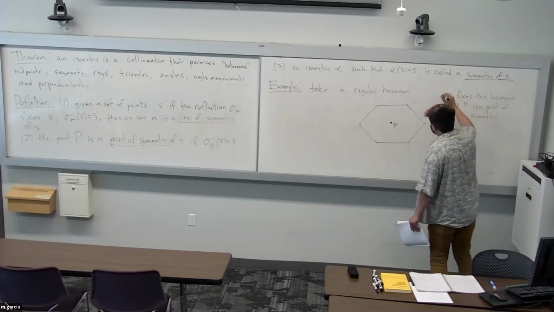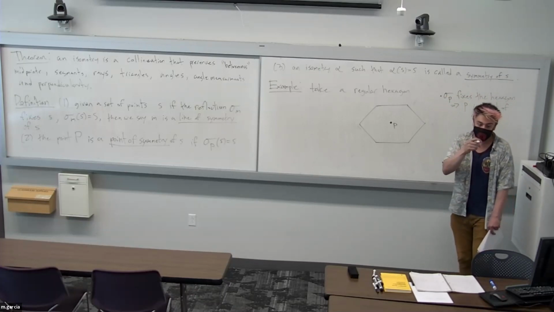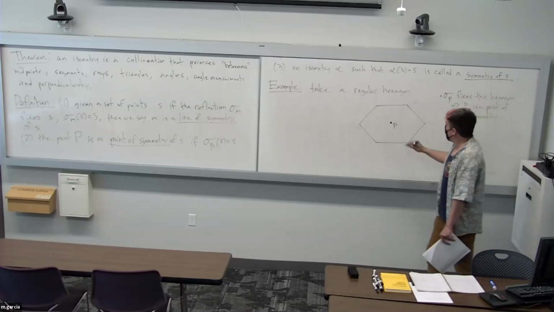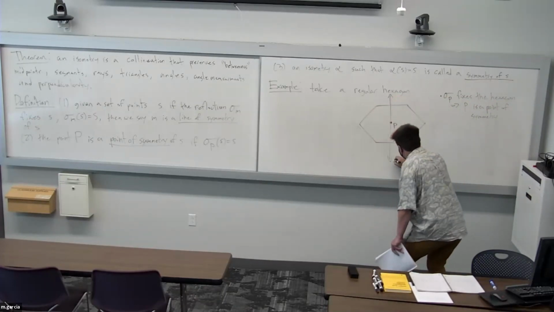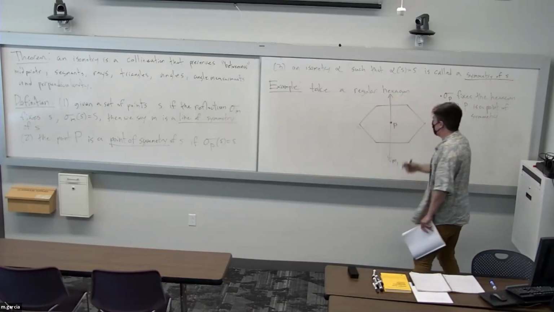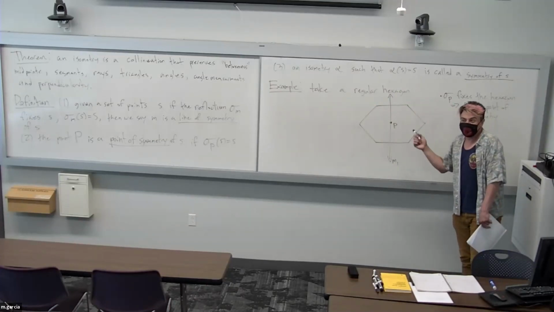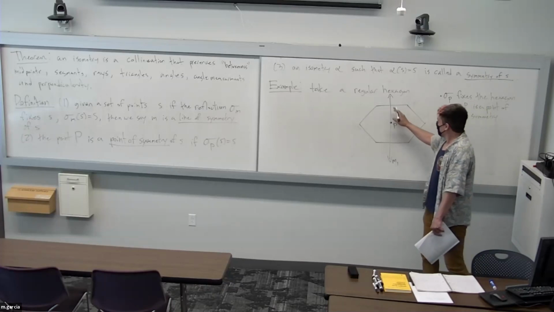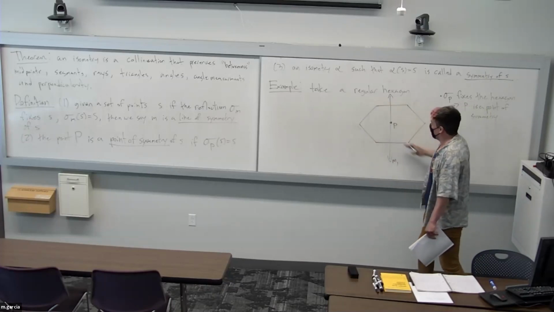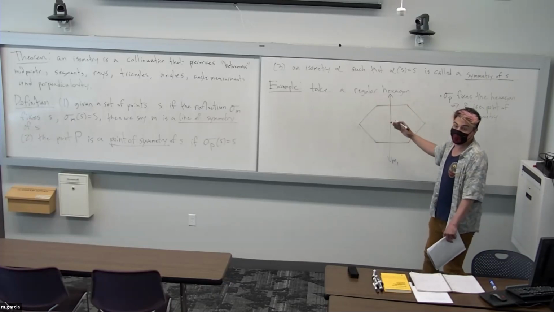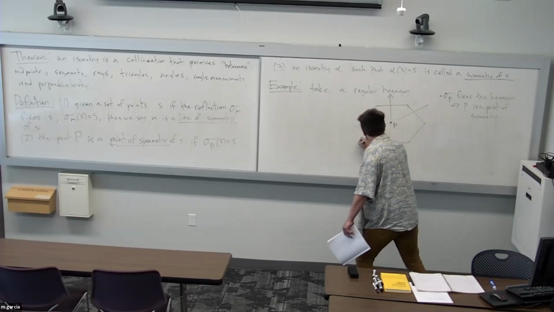Okay, so who can tell me a line of symmetry for a hexagon? Yeah, the vertical one through the middle. Yeah, we could just look at this line. In fact, how many lines of symmetry does the hexagon possess? 6. One through the midpoint of each pair of opposite sides, and one through opposite angles for each pair of opposite angles. Okay, I'll just draw them out.